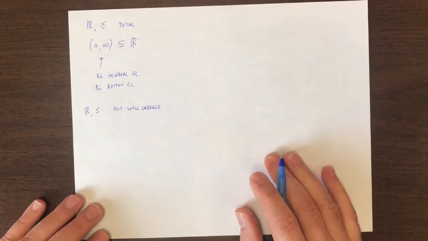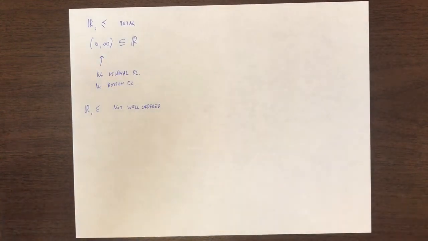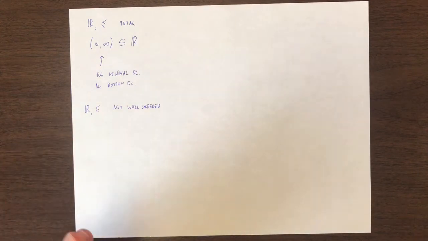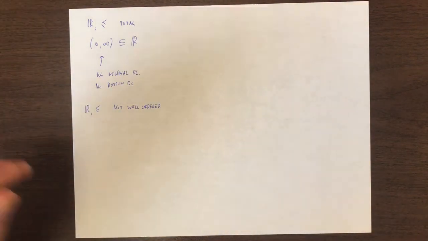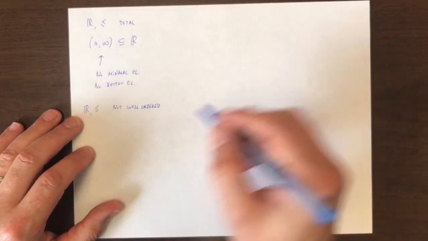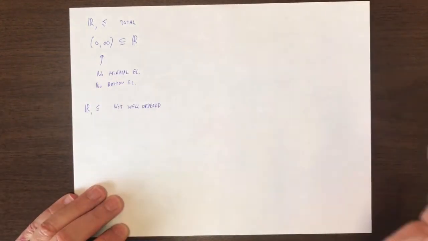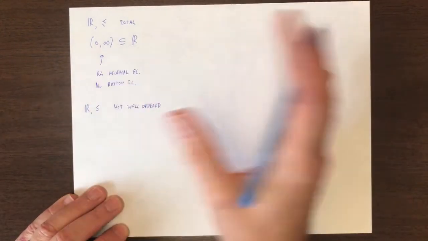Now, ordinal numbers, or the same is true for any well ordering, have another really cool property, which is actually equivalent to the well-ordered property. So let's just write down some examples of ordinal numbers.